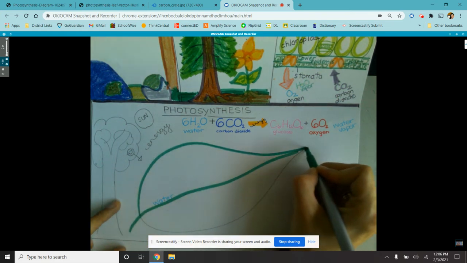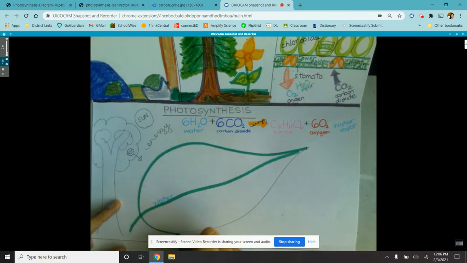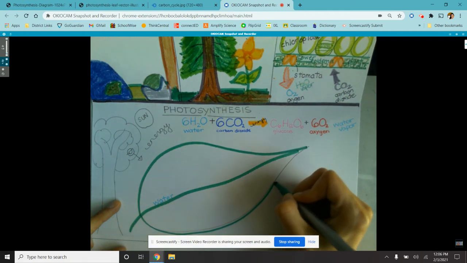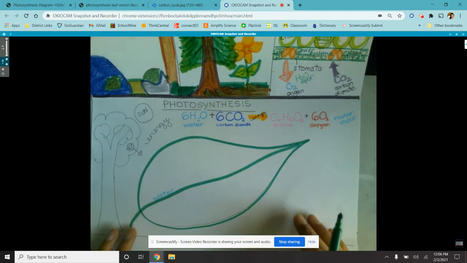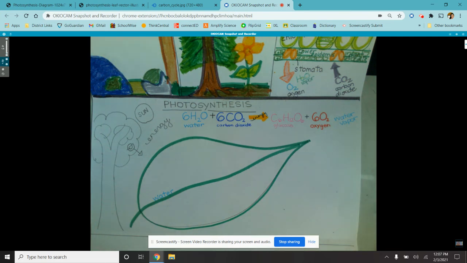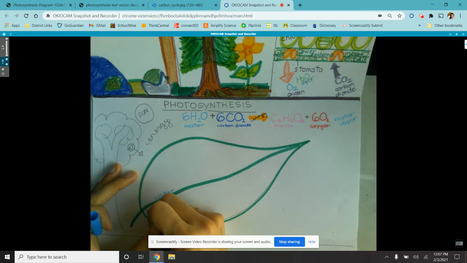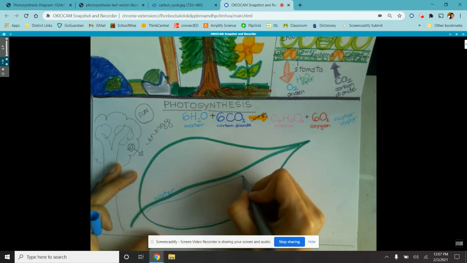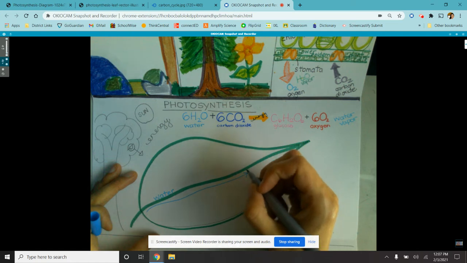I know I said I was going to color later. I'm not really following my own directions, but it's good for me to know my outline I'm working with. All right, so we have our water, and our water comes in through our leaf, through the vein.